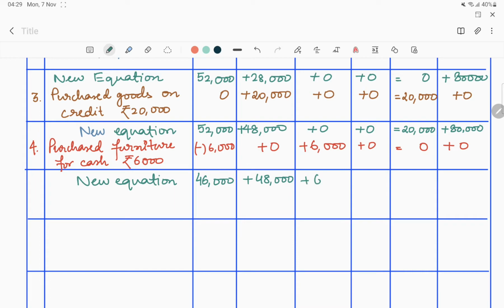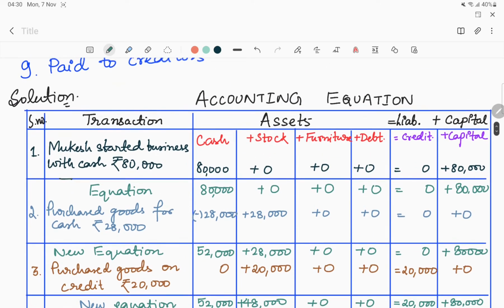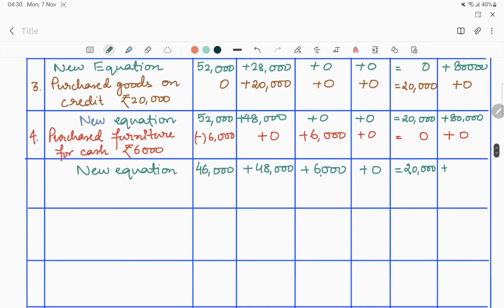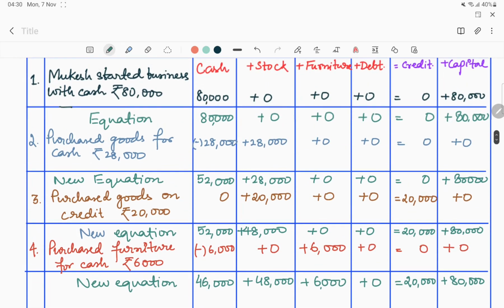Next furniture 6,000. Debtor 0. Liabilities 20,000. Capital 80,000. Now let's see what is happening in the fifth transaction.